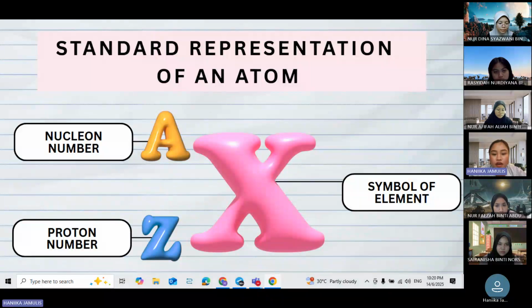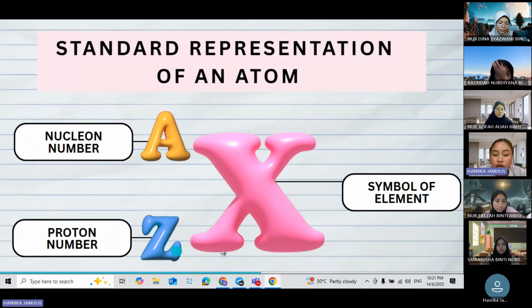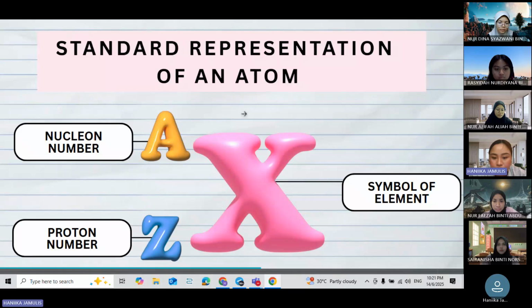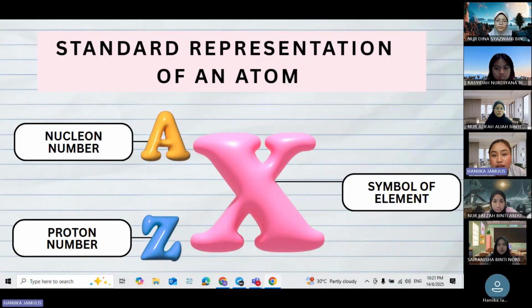Okay, now we are going to see the standard representation of an atom. This figure here is how you write the correct format for the standard representation of an atom. There are 3 steps that you have to know when writing it.